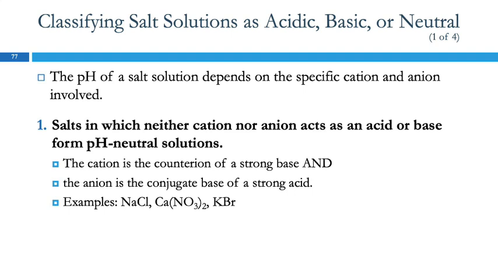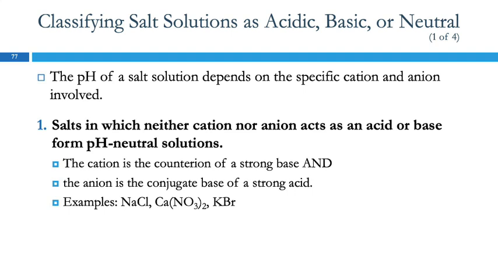Okay, so let's just dive into that confusion and think about, well, what if we have both of these things together? An ionic compound, right? You've got a cation and an anion. Cations can be acids, anions can be bases. So what is this solution going to do?